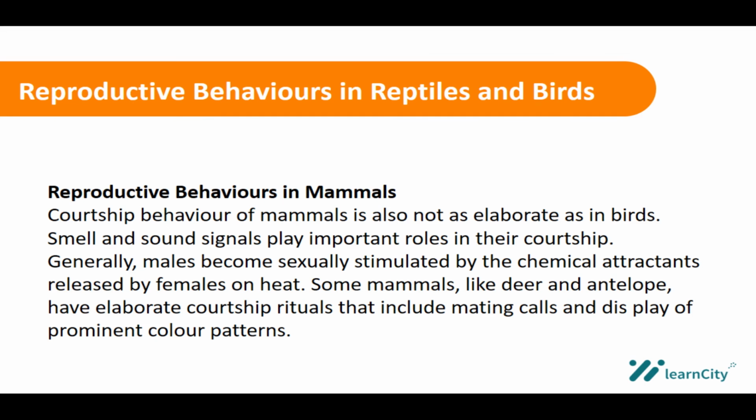Some animals like the deer and antelope have elaborate courtship rituals that include mating calls and a display of prominent color patterns. So most mammals do not have elaborate courtship behaviors like birds, but some do, like the deer and the antelope.